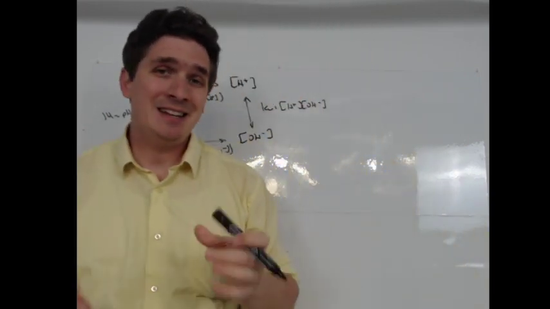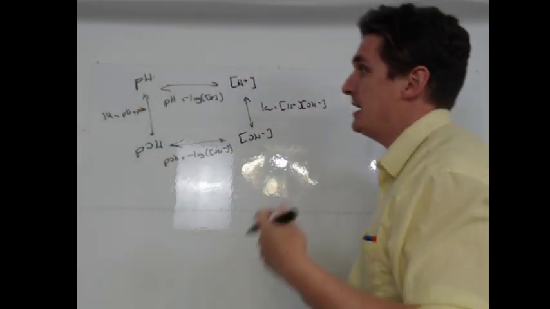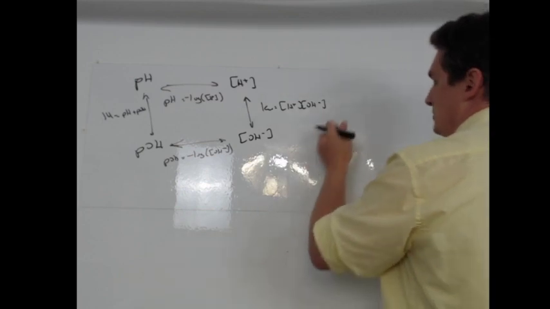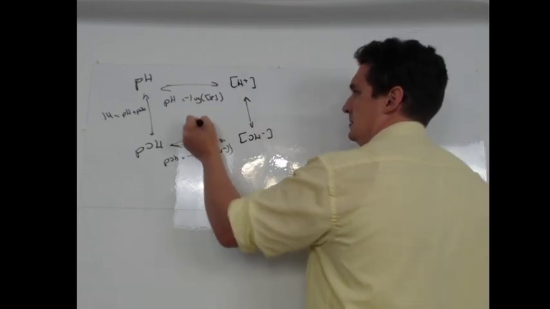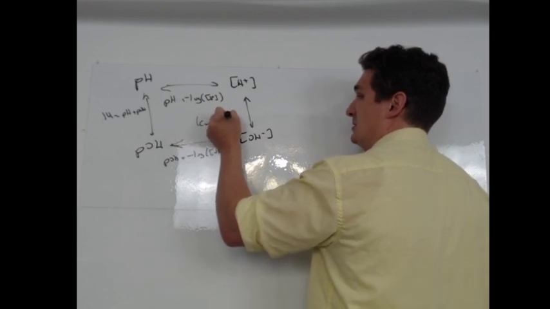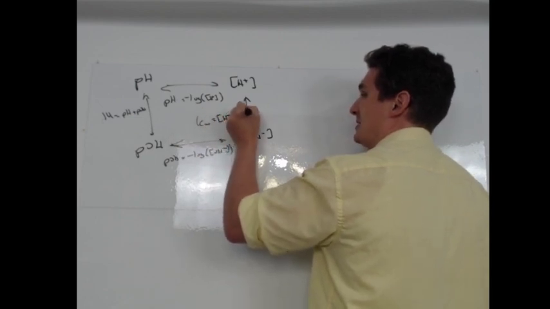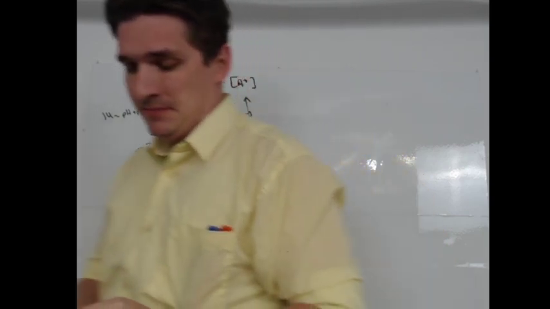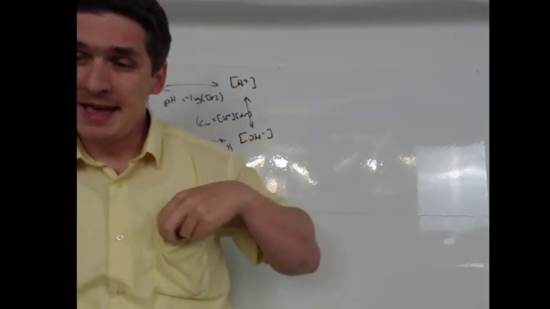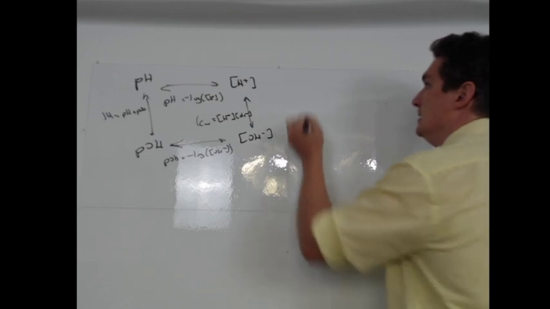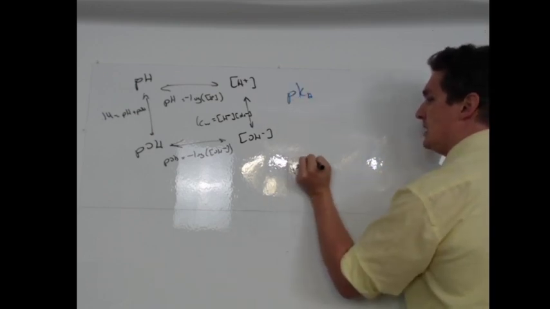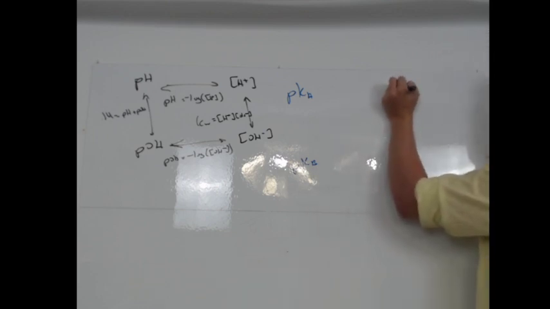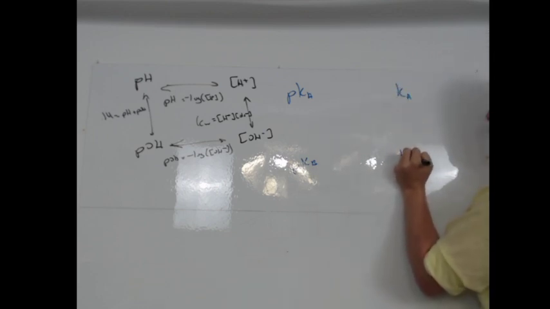There's actually an analogous relationship with Ka and Kb. I'm writing this intentionally small. I know it's going to be hard to view, but you should already have a copy of this in your Blair diagrams. So the Ka-Kb equivalent here: pKa, pKb, Ka, and Kb.